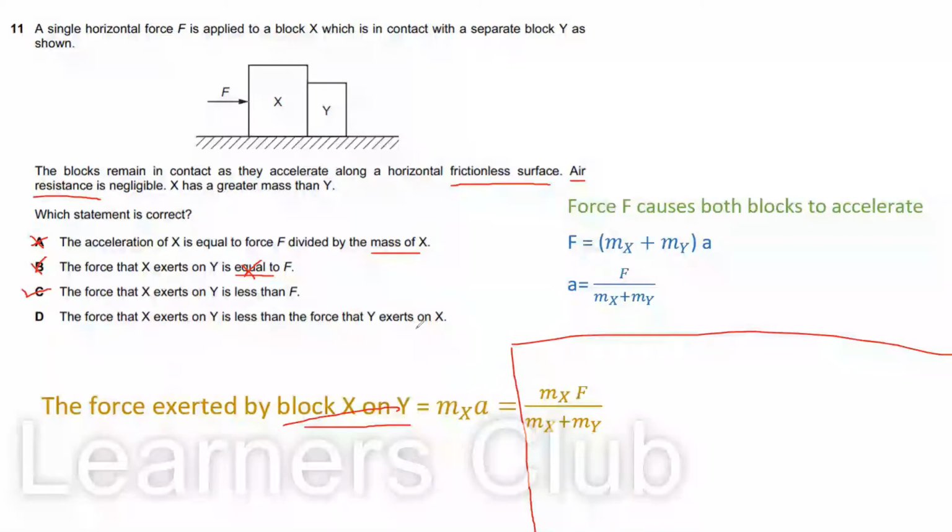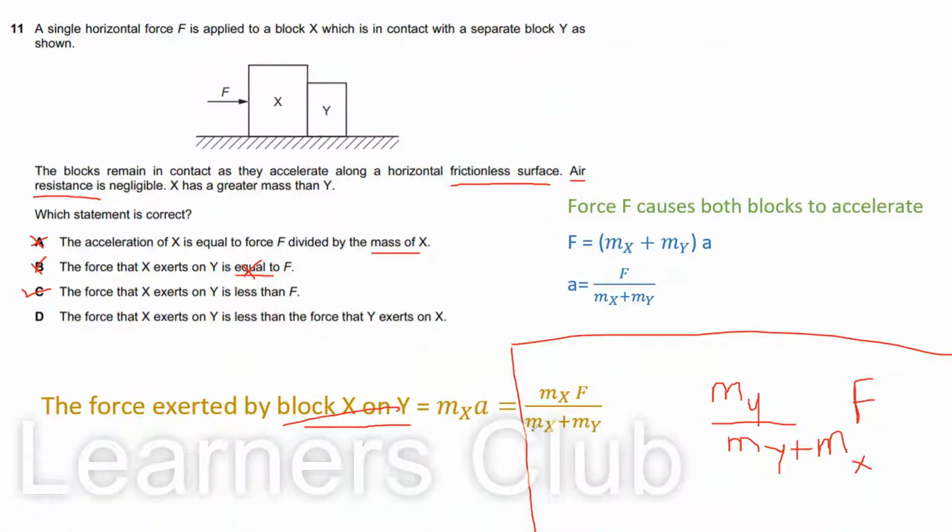the force that Y exerts on X is going to be mX, the mass of X, divided by the sum of both the masses Y and X, times force. So this is the force that is exerted by block Y on X. As you can see, the mass of X is greater than mass of Y. The numerator is greater here.